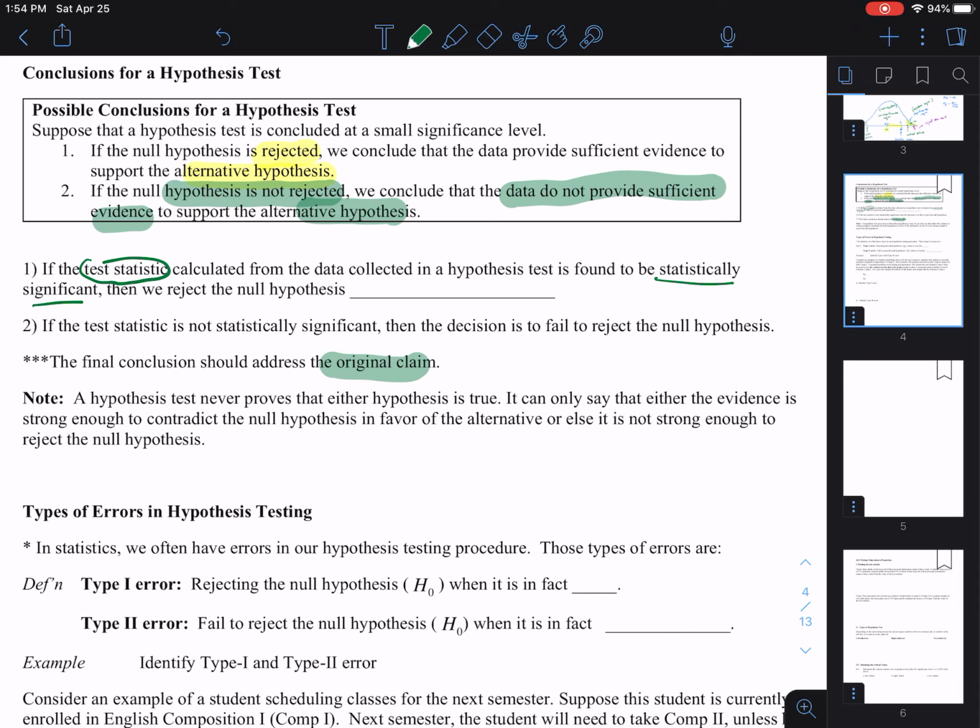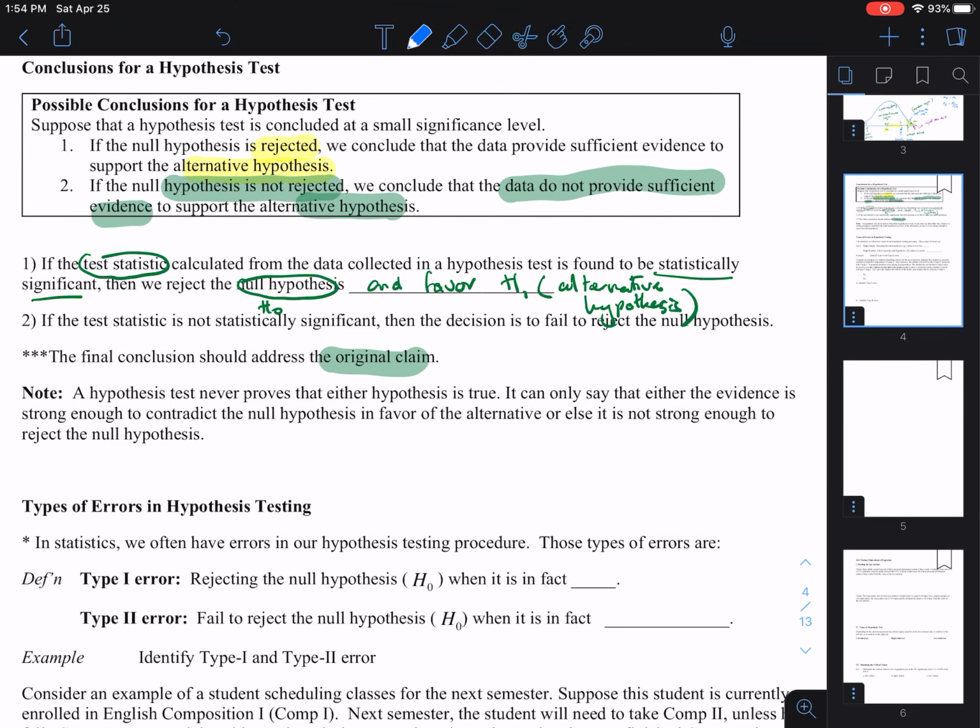So we're gonna reject the null hypothesis, which is denoted as H0, and favor H1, or the alternative hypothesis. We favor the other hypothesis. That's what the alternative hypothesis is.